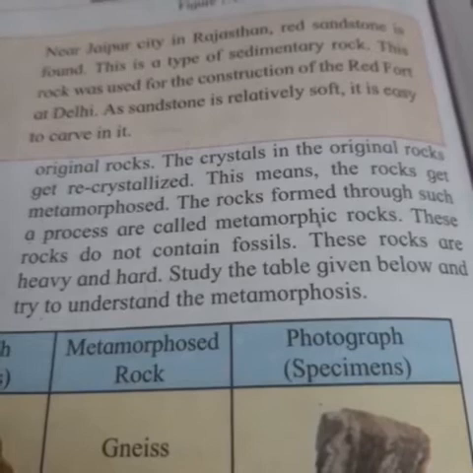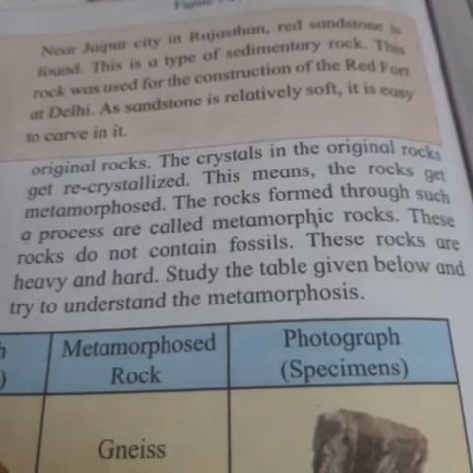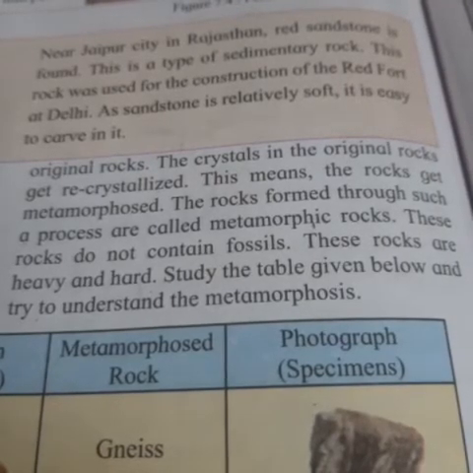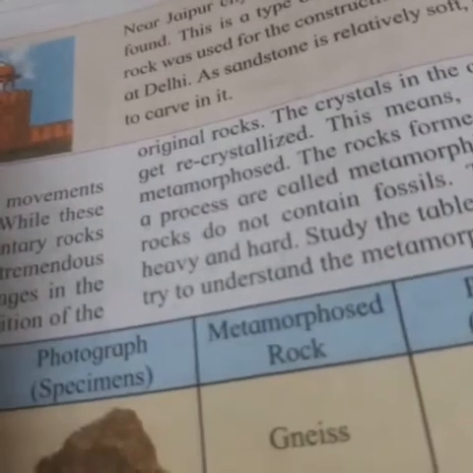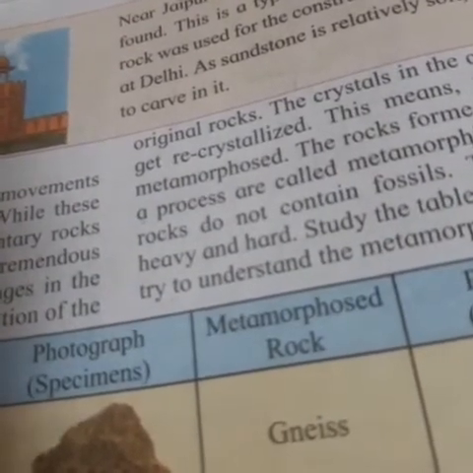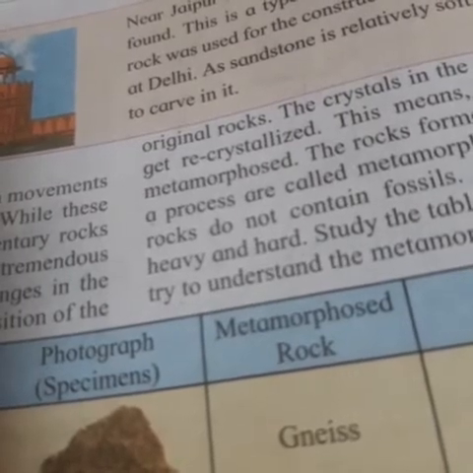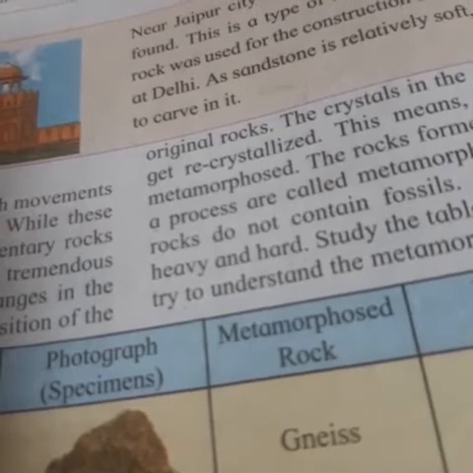These rocks do not contain fossils. These rocks are heavy and hard. Study the table given below and try to understand the metamorphic. Now, in this paragraph, they have explained that metamorphic rocks have been modified by heat, pressure, and chemical processes.